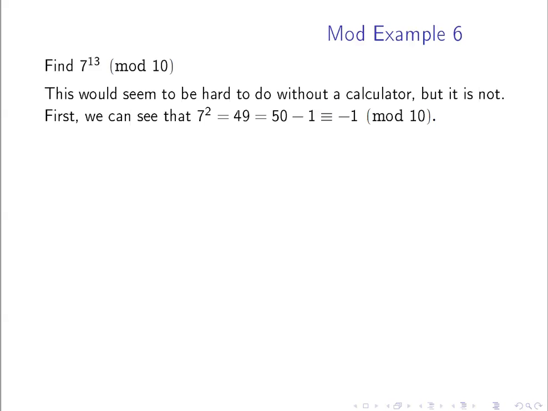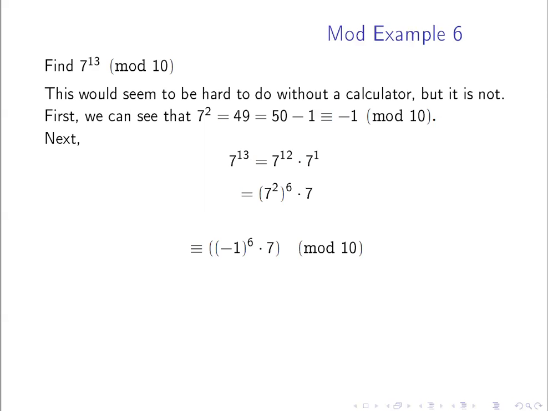Okay, so that's kind of useful. What also that means, we can then say 7 to the 13th power is 7 to the 12th power times 7. I put the 1 just to be pedantic. But 7 to the 12th power is 7 squared to the 6th power, because we can again change the exponents using exponent rules. But we know that 7 squared is congruent to -1.